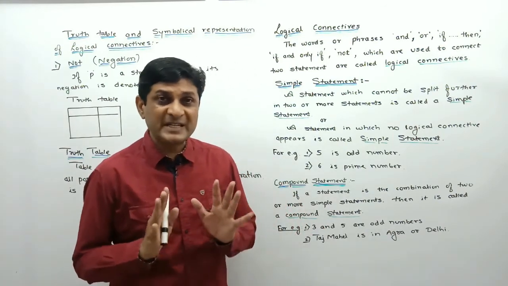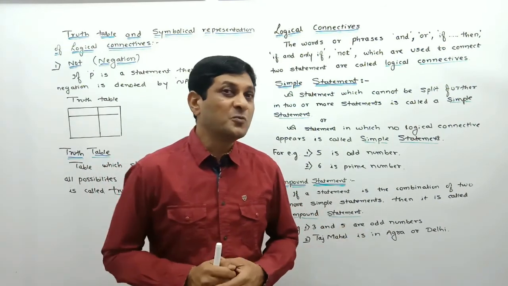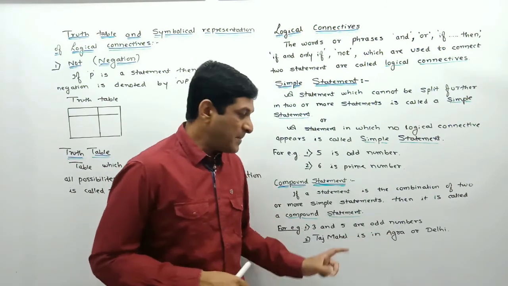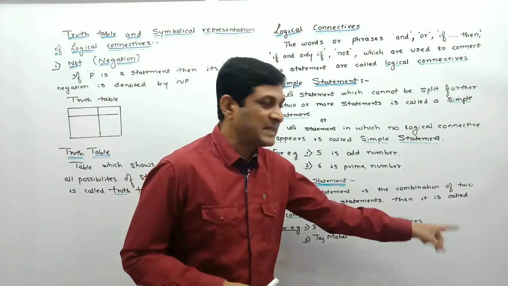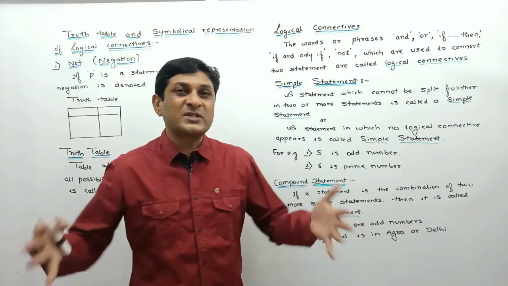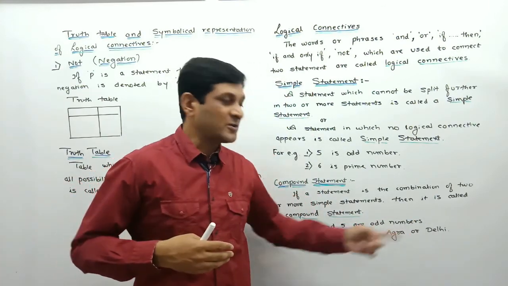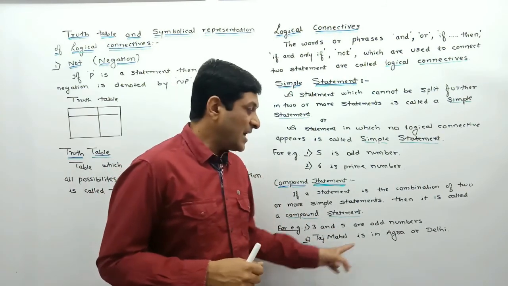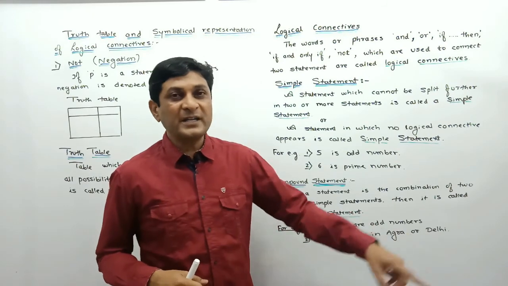If you split it into 2 parts, the first part is Taj Mahal is in Agra, and the second part is Taj Mahal is in Delhi. These 2 statements are connected here by or, and the new statement we have got is Taj Mahal is in Agra or in Delhi.